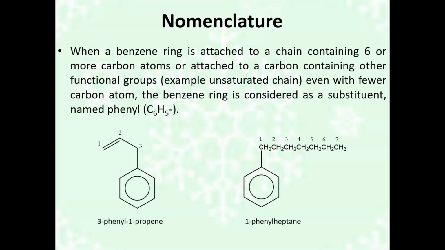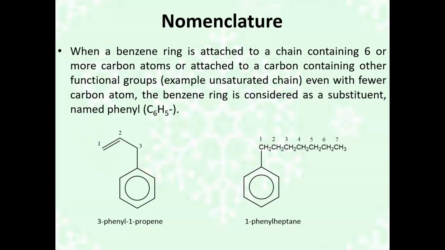So if we look at the examples, it will be easier to understand. For the first one, we have a benzene ring and an aliphatic chain with a double bond, which is a propene attached to a benzene ring. You see the chain, although it consists of 3 carbons only, is an unsaturated chain.